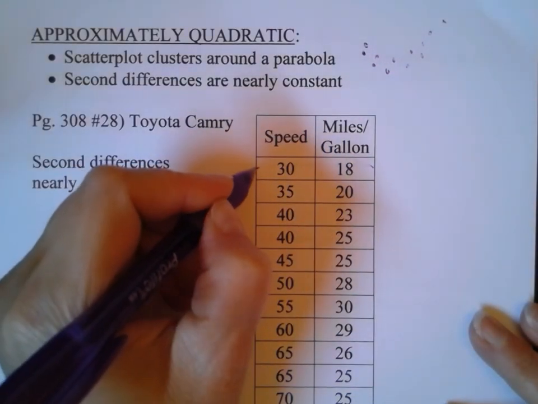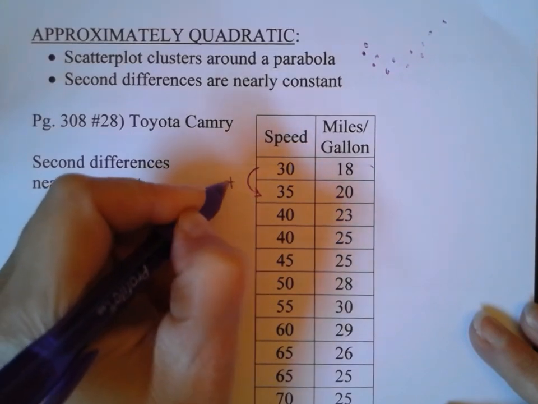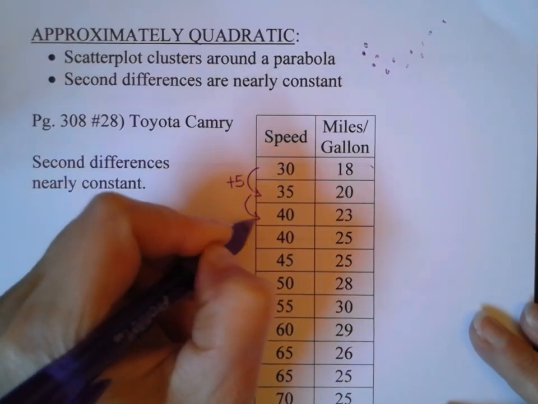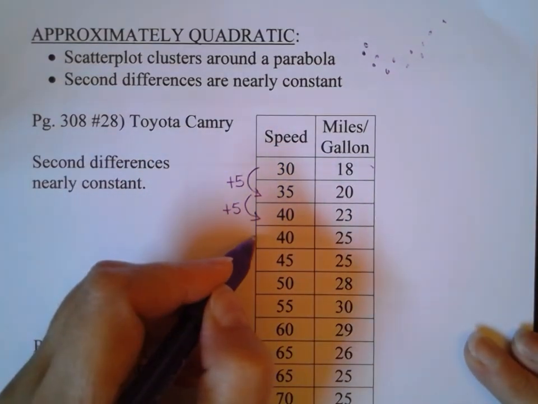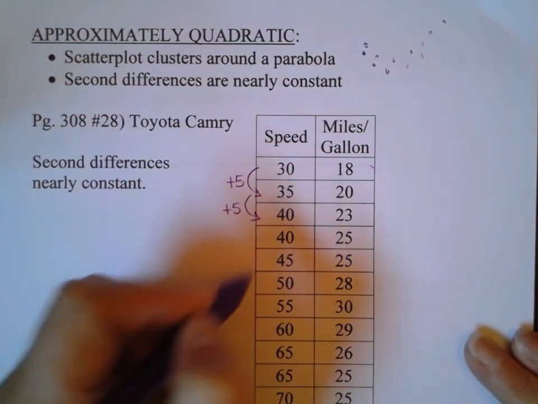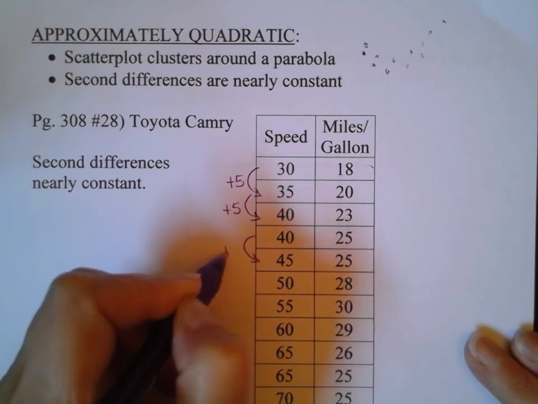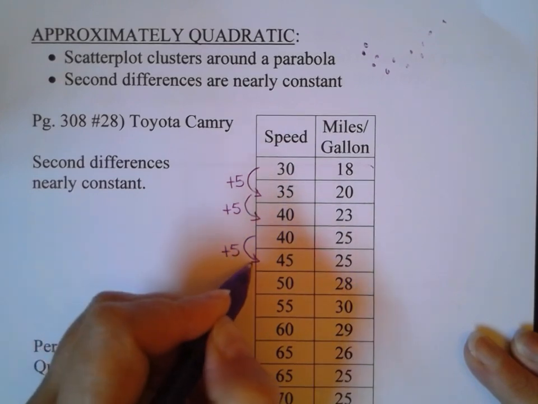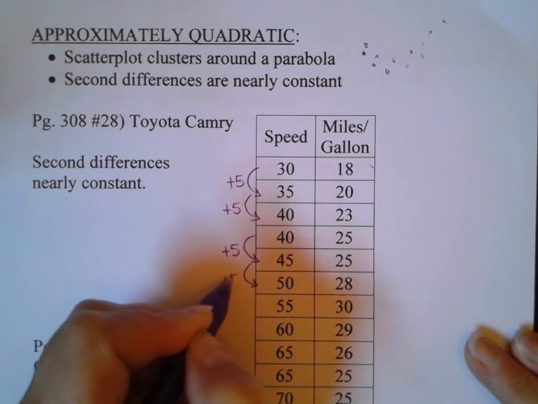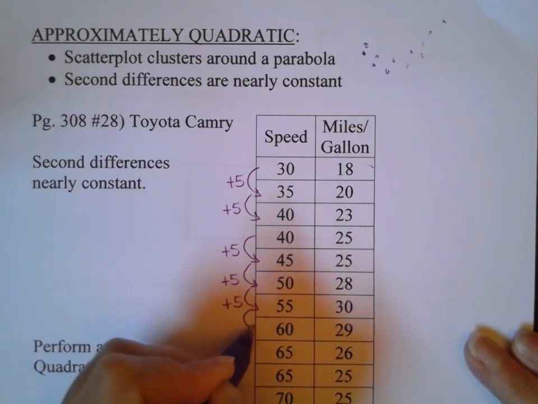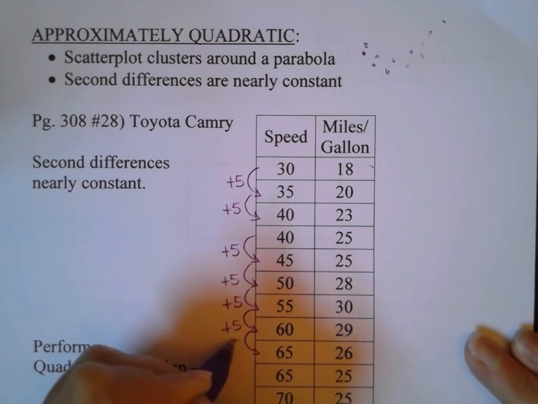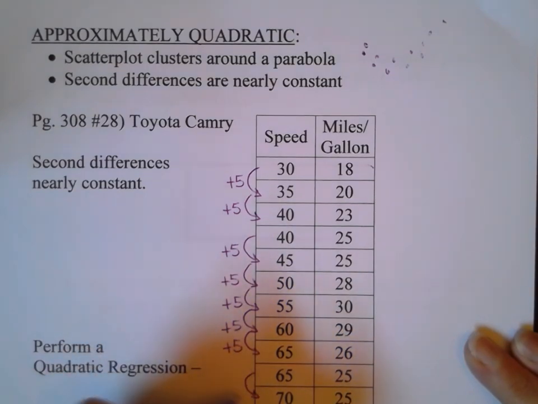So this goes up by 5, up by 5. This one does not go up, but this one goes up by 5. I might need to go back and find another example for this so that we can do a good comparison.